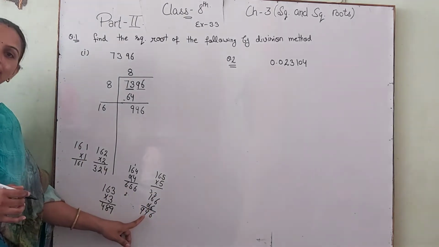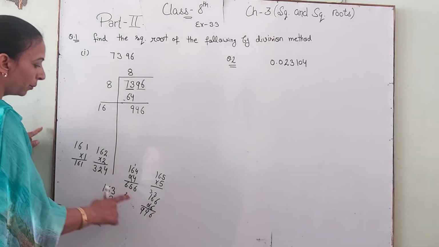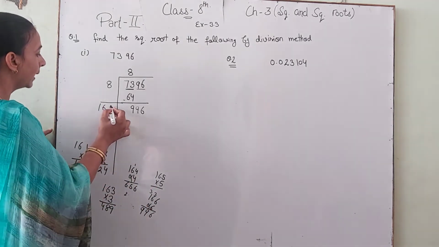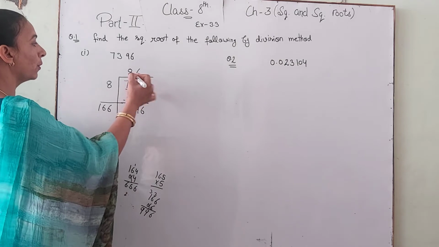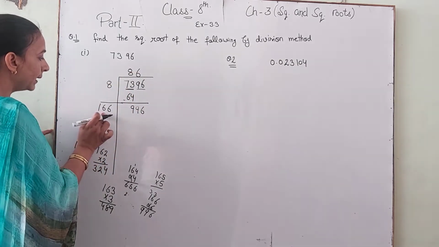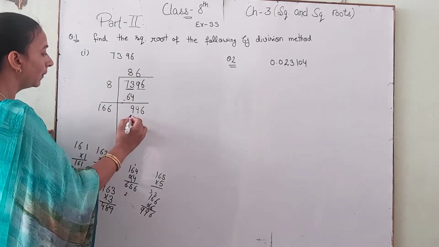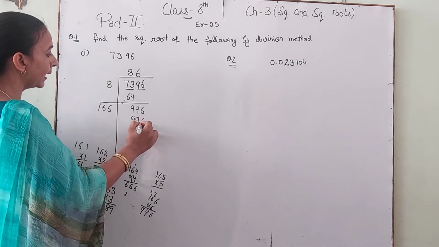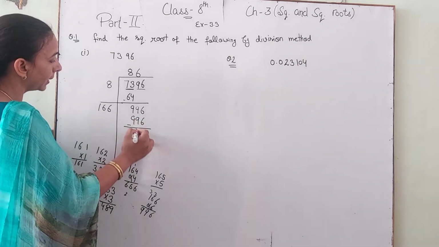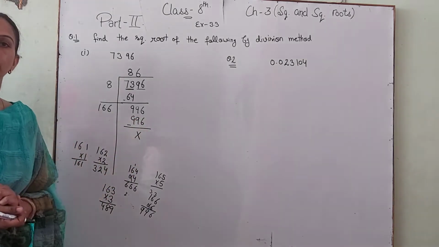This is 996, so we take this 6. We write 6 next to 8, and 166 goes down. If we subtract 996 from 996, then there is 0.